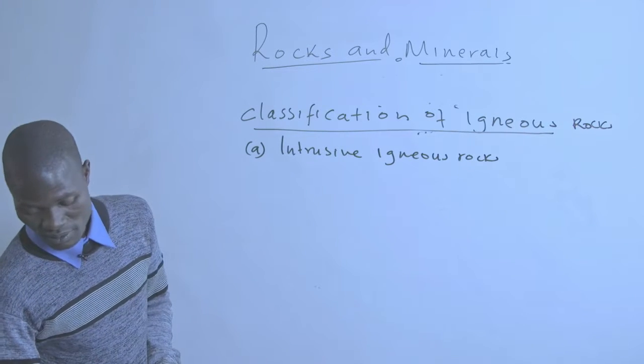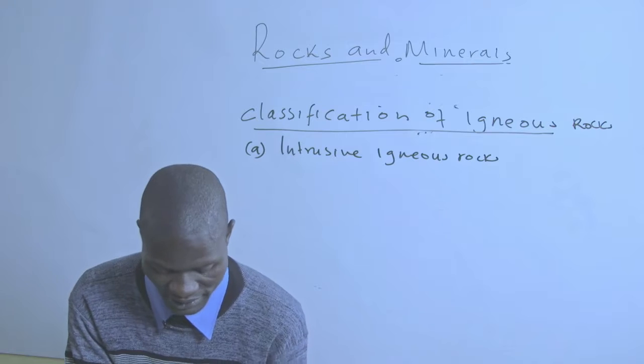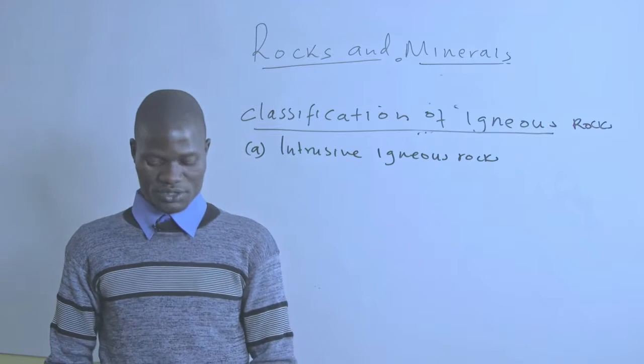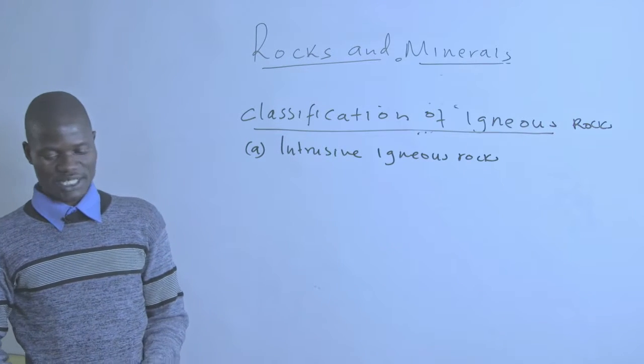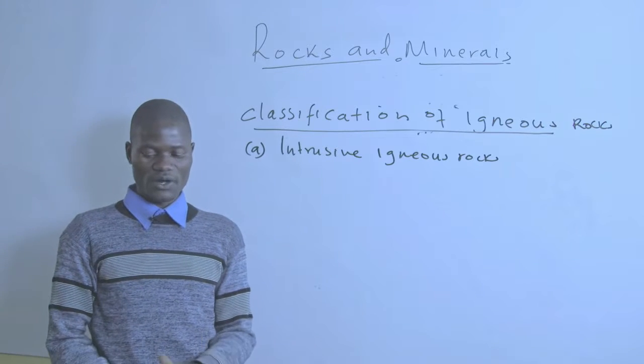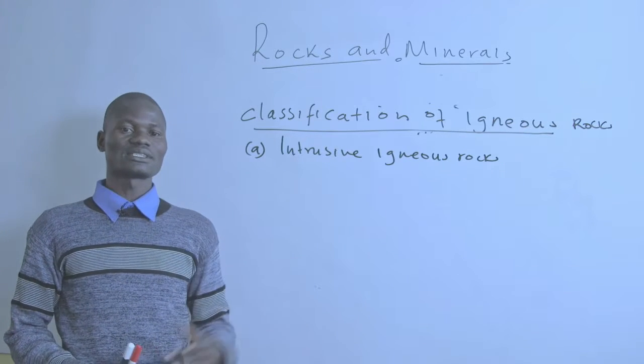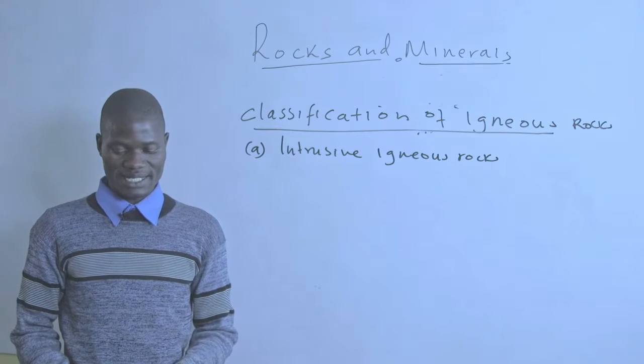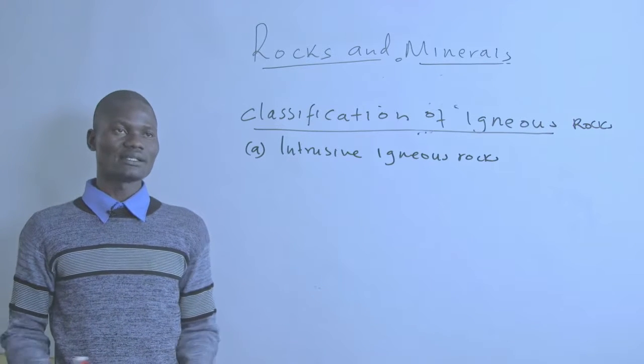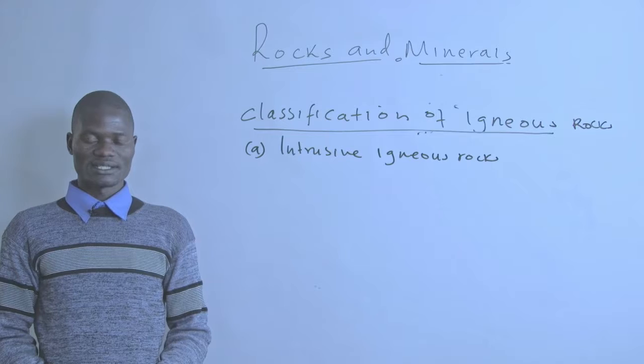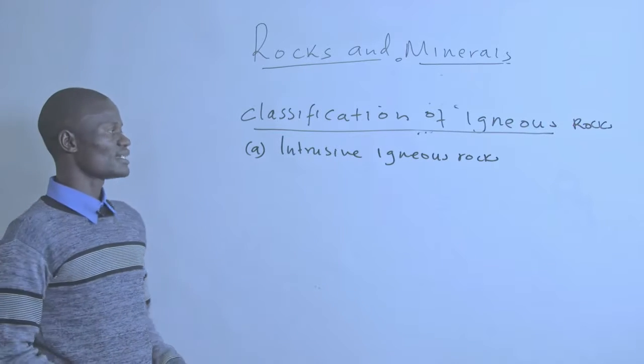Intrusive igneous rocks are rocks that contain large crystals, which are formed, as we looked at earlier, at a very slow rate of cooling of magma.